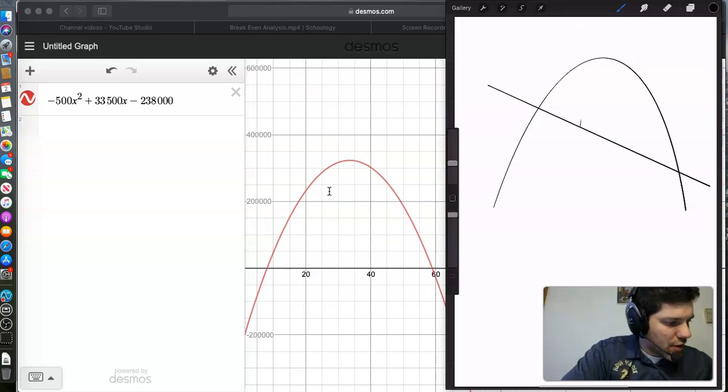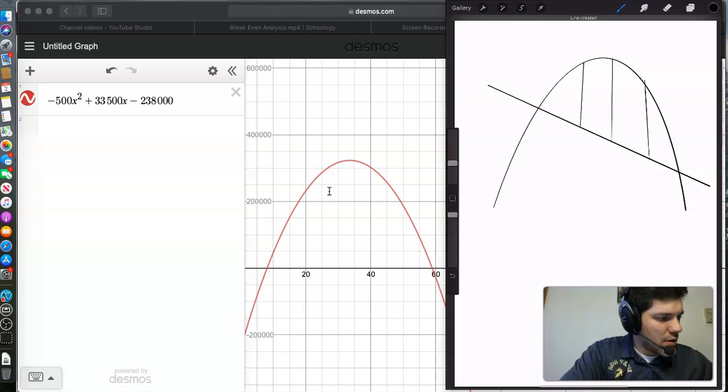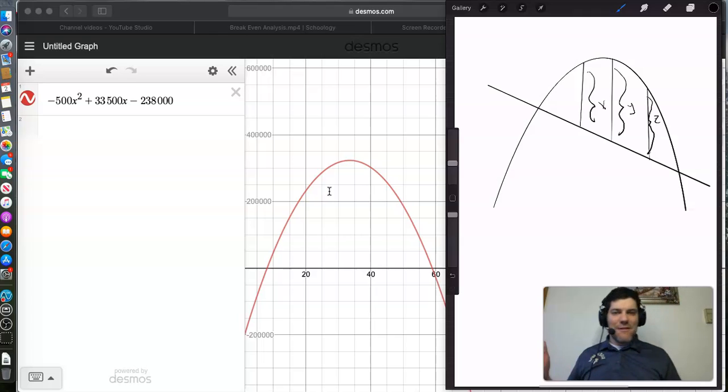We could measure distances between the surfaces, between the curves, and look at which one had the greatest. So whether it be X, Y, or Z, we don't know. But whichever one has the greatest distance, that's the point at which we have profit. But you can see that would be kind of tedious.